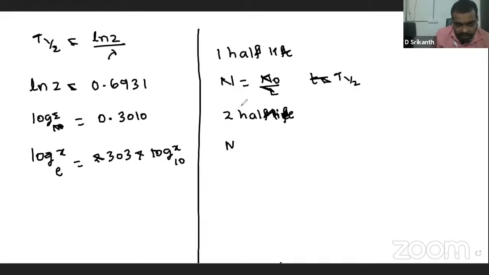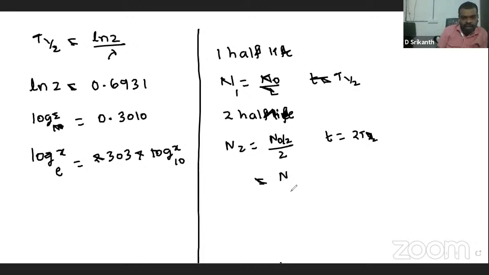This is N1. For the second half-life, N naught by 2 by 2, in a time of 2 t half. So N2 is equal to N naught by 2 square at time t equal to 2 times t half.